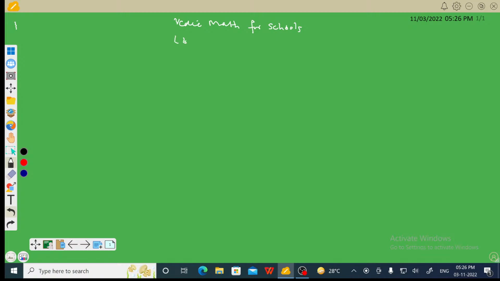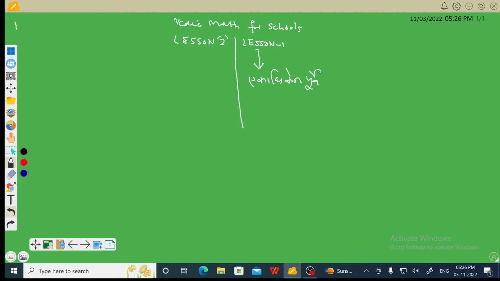Lesson 2 is a step ahead of Lesson 1. In Lesson 1, we have been learning with the help of Ganita Sutra 1, Ekadhikena Purvena, one more than before.